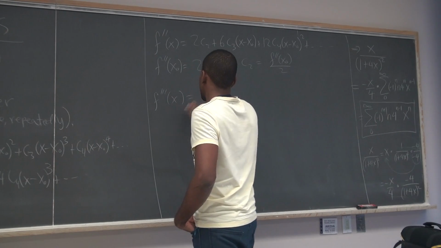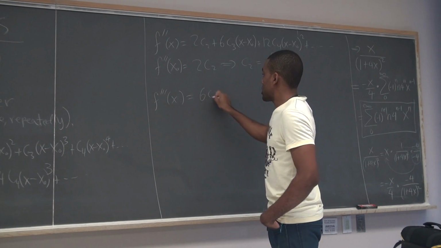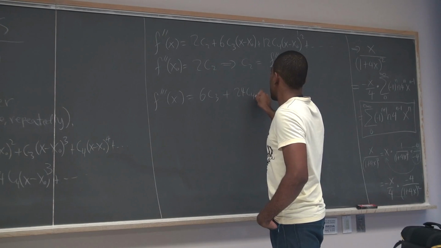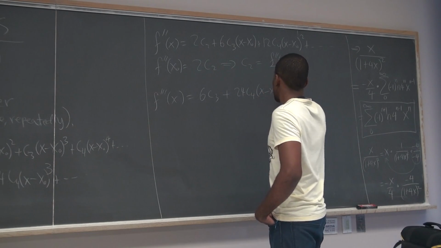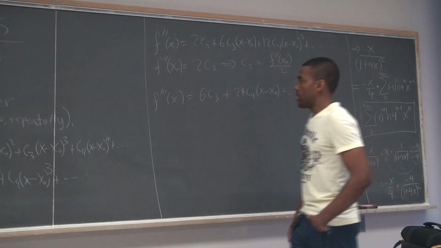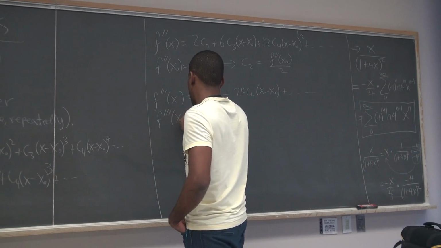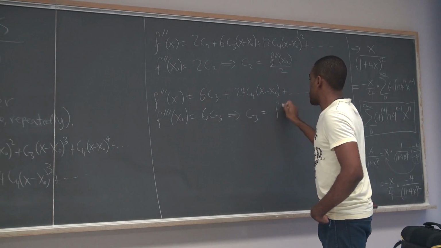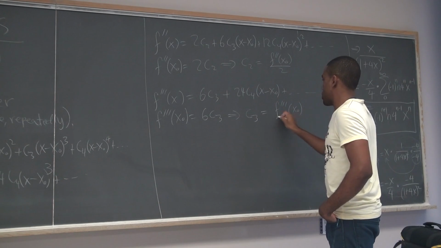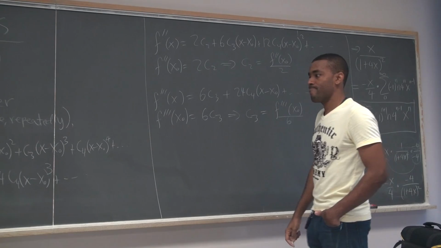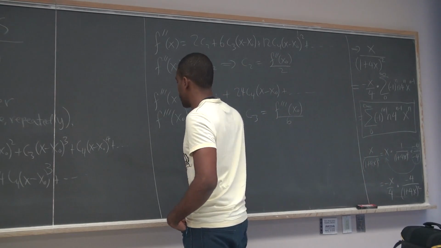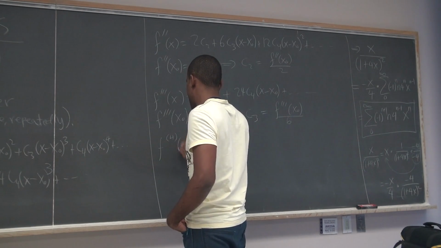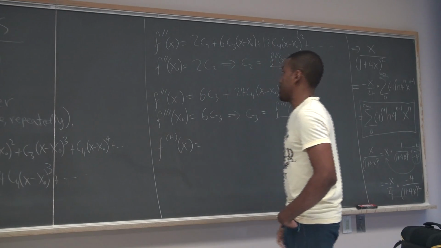Let's keep going. The third derivative, what does that look like? 6C3 plus 24C4 (x minus x naught) plus something else. Evaluate that at x naught, I get 6C3. In other words, I can say that my C3 is f triple prime at x naught divided by 6. One more time, just in case you can't see the pattern yet.